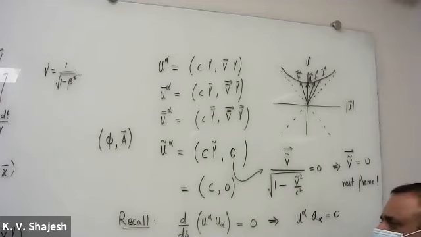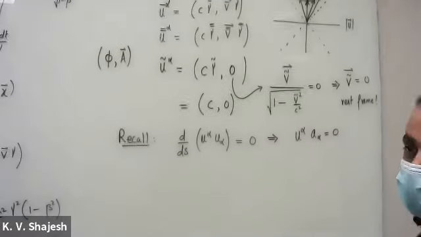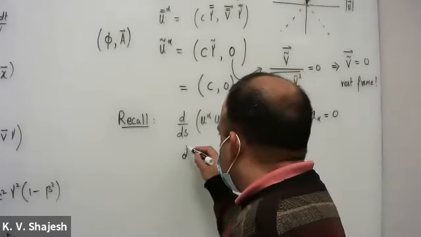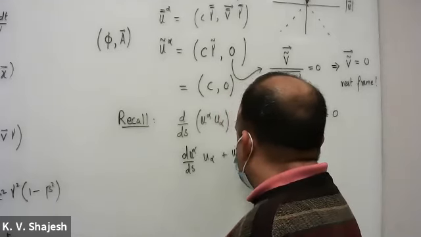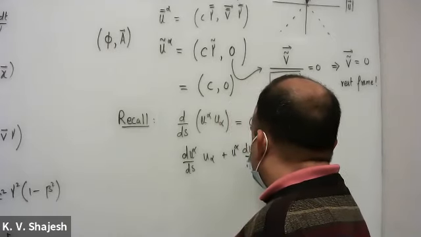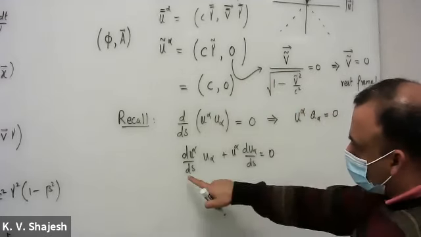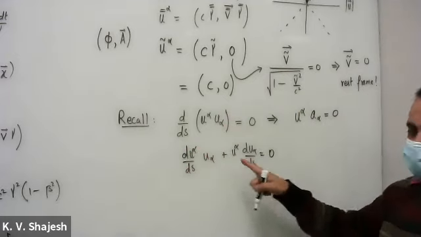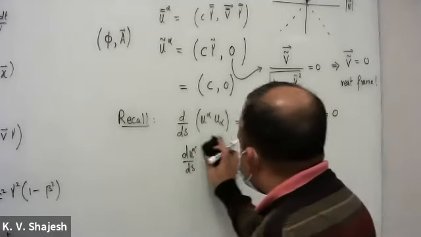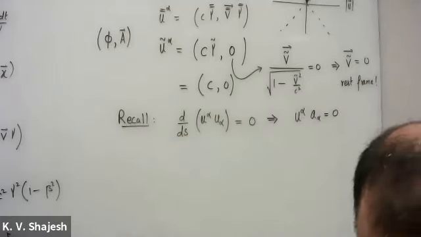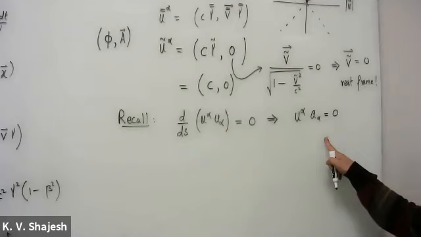We showed this; it is just 2 steps from here to there. Taking du alpha over ds, that is defined as the acceleration, and this implies that the product is equal to 0. So we have the product of the 4 velocity and the 4 acceleration being 0.